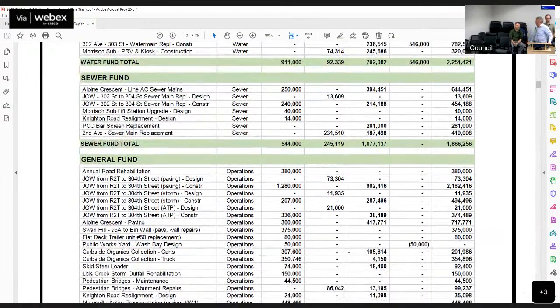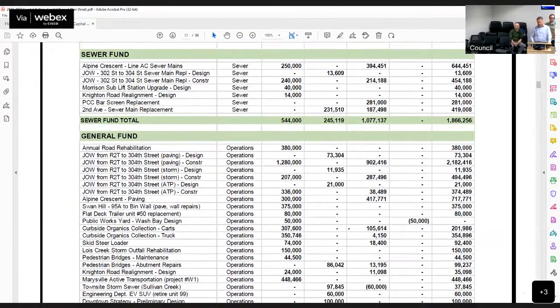Yeah, I'll lead into that and then I'll let Shane speak to it as well. A big part of the analysis, when we're going through and figuring out which projects needed to be deferred, was with reference to what we had in reserves to complete these projects. As I talked about at the last meeting, we've got 3 funds: a general fund, a water fund, and a sewer fund, and they each have reserves to fund these types of projects.